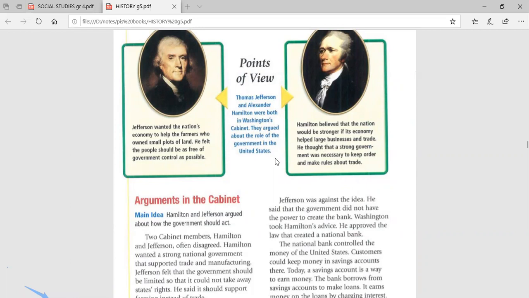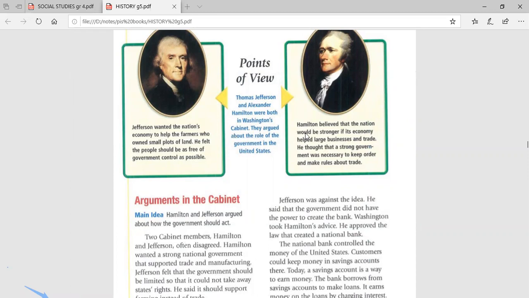So guys, I told you that there are two main persons in the cabinet who helped President George Washington. Who are these two persons? Thomas Jefferson and Alexander Hamilton. Okay, Jefferson was the Secretary of the State, but Hamilton was Secretary of Treasury.